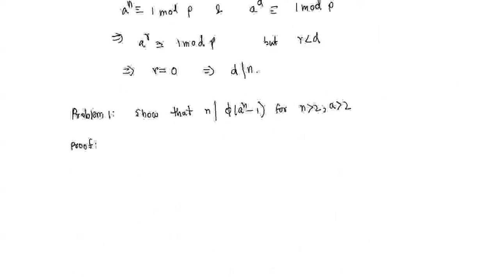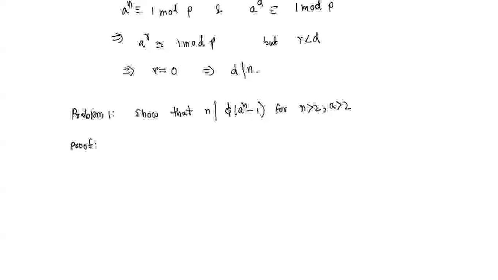Can you just explain the problem? Okay. So we have n a positive integer greater than 2 and a a positive integer greater than 2, and you need to show that n divides phi of a to the power n minus 1. Now phi of a to the power n minus 1 is a natural number, by the definition we have given.